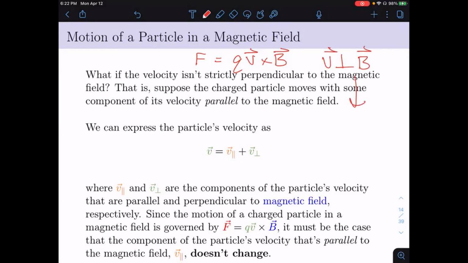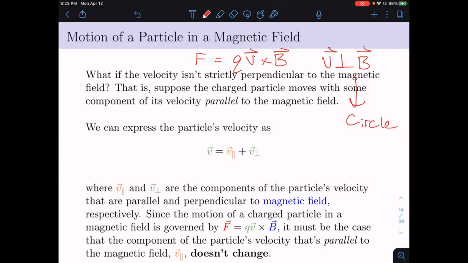I'll just write an arrow on the circle here. That's just due to the nature of a cross product. If V and B are perpendicular, then I'm just going to get a circle out of it. Nothing fancy there.